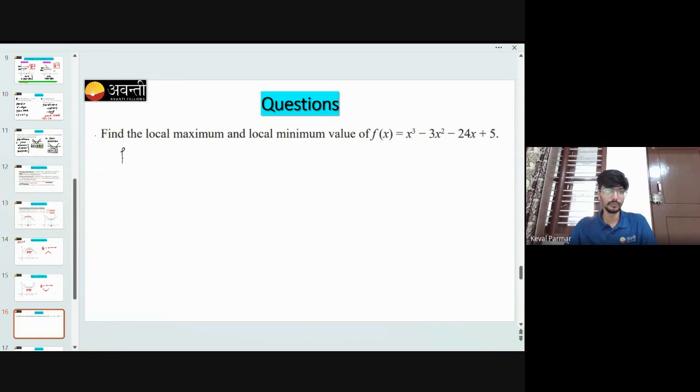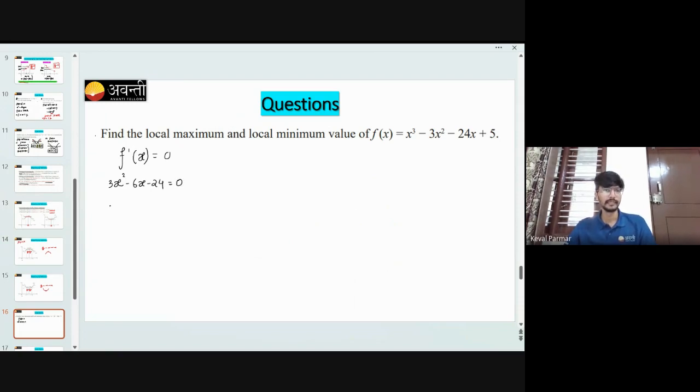That means we have to find values of x when f dash of x equals 0. So what will be f dash of x from here? It will be 3x square minus 6x minus 24 equals 0.